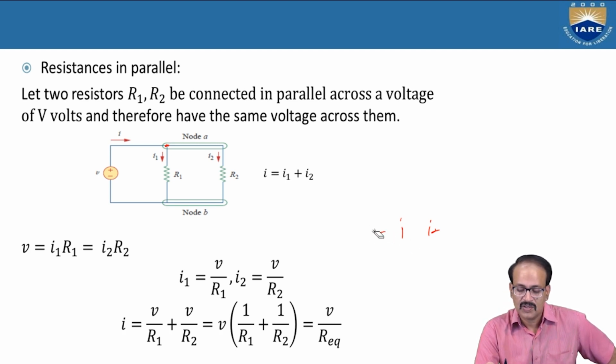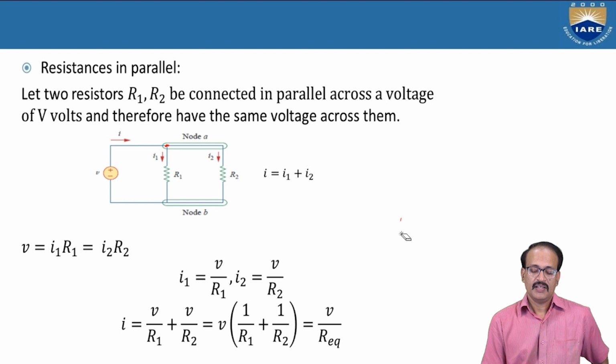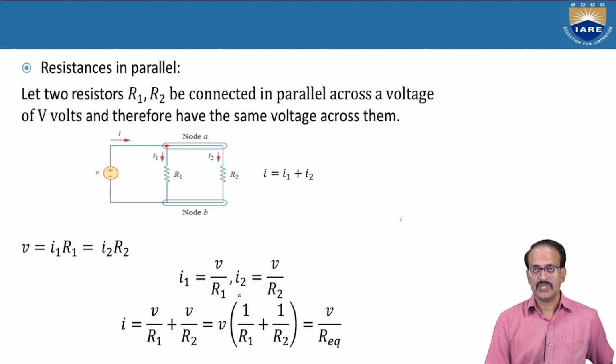Now, according to Ohm's law, we write I1 is equal to V by R1. Since it is a parallel circuit, the voltage will be the same. So I1 is equal to V by R1, I2 is equal to V by R2. So I is equal to, instead of I1, I will substitute V by R1 plus, instead of I2, V by R2.